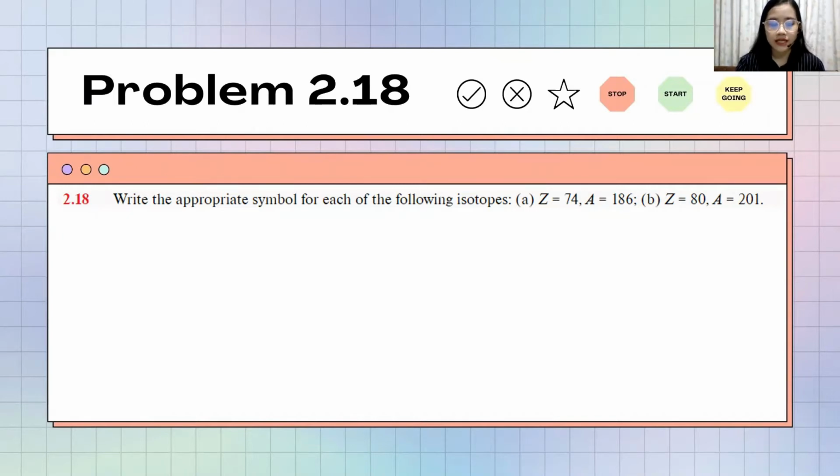Letter A, Z equals 74, A equals 186. Letter B, Z equals 80, A equals 201. We recall that in writing isotopes of any element, it can be represented as this.